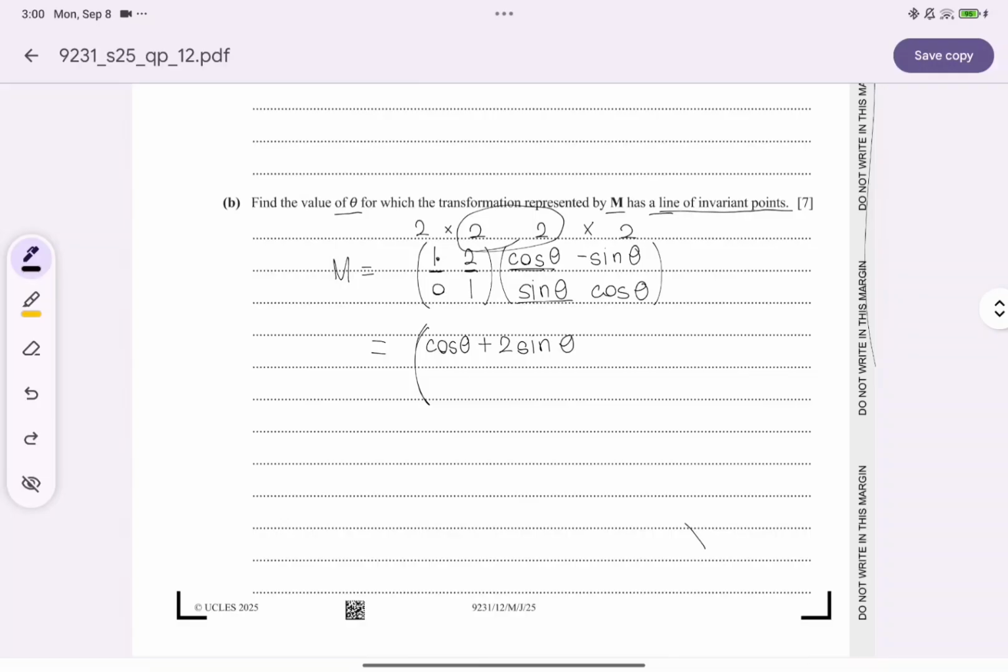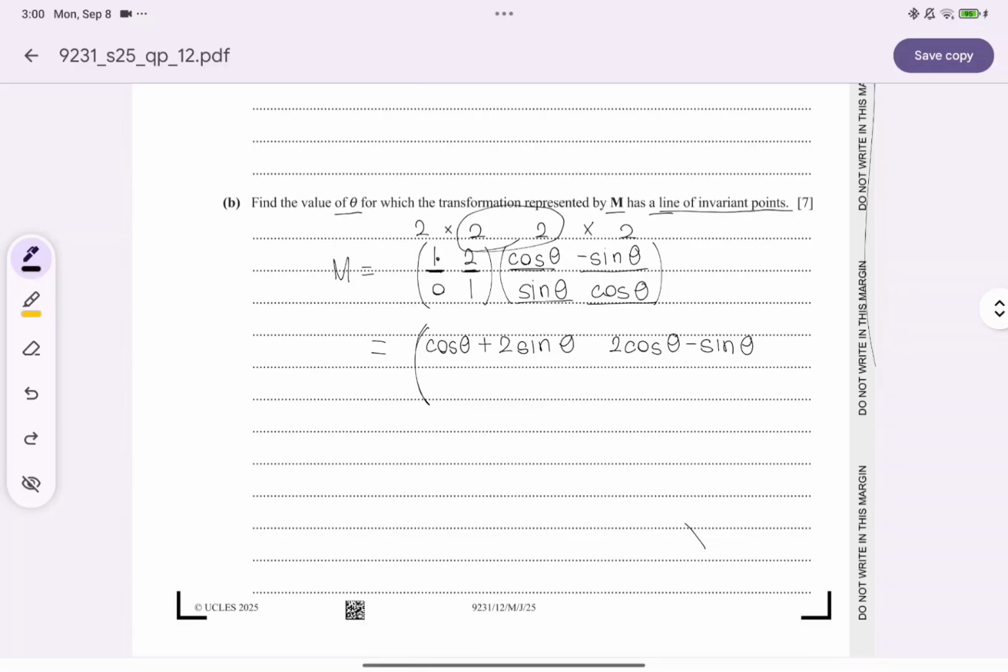Now to find the element on the top right hand corner, in the first row and second column, we multiply 1 times negative sine plus 2 times cosine theta. So this would be 2 cos theta minus sine theta.